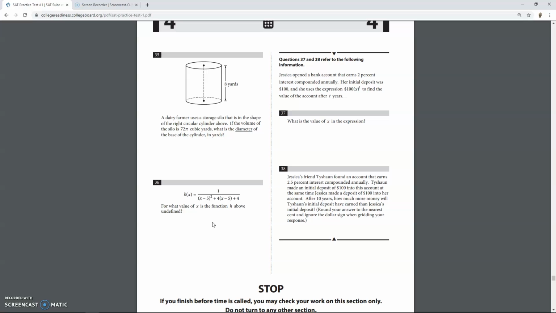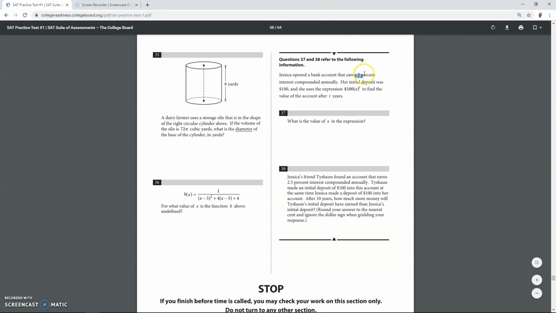For 37, the value of x in the expression: it is 100 times x to the power of t, and we know there is a 2% interest each year, and t is the year. It means x is how much it increases each year.